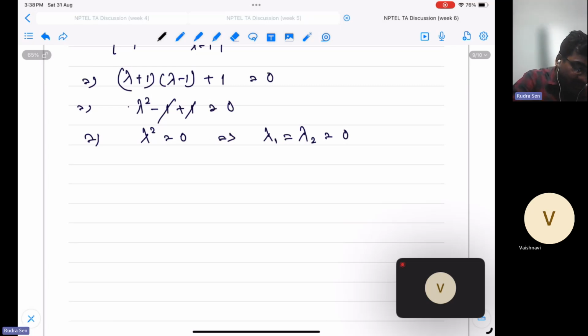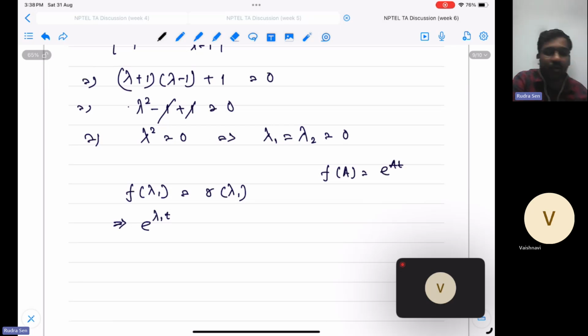So first, using the previous equations, what do we have to do? f of lambda 1 equals, let's say, r lambda 1. So what is f of lambda 1? It's e to the power lambda 1 t, because f of a is basically e to the power at. This is what you were asked to find out, right?